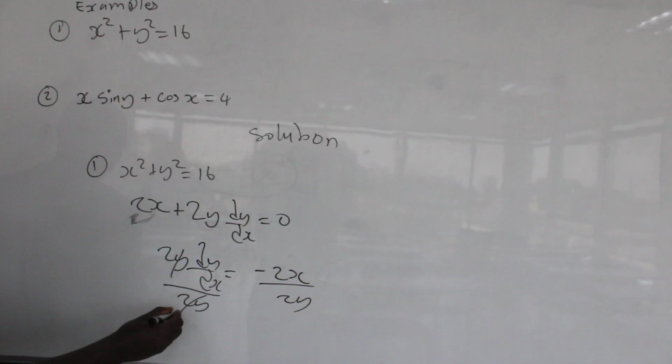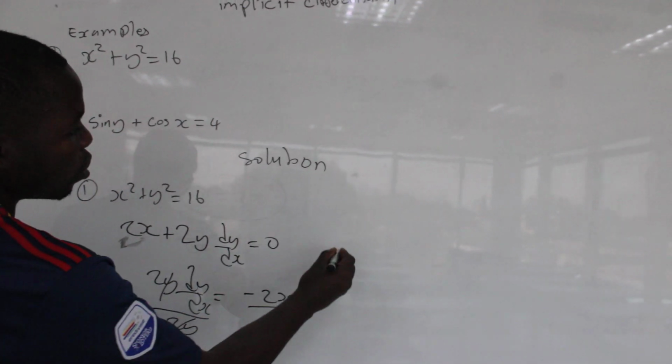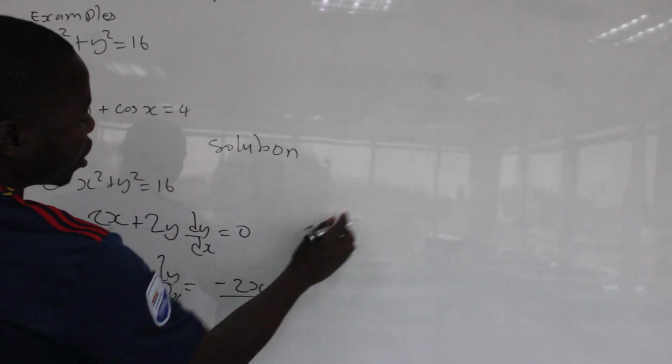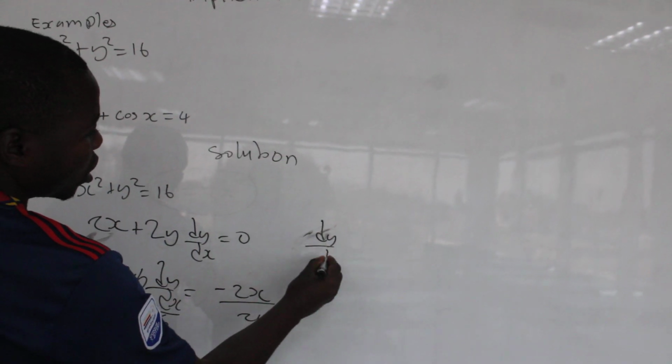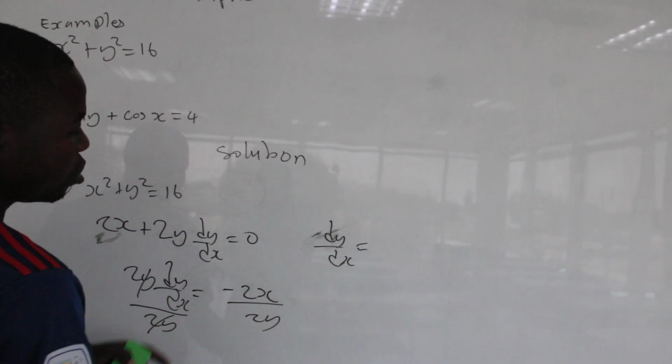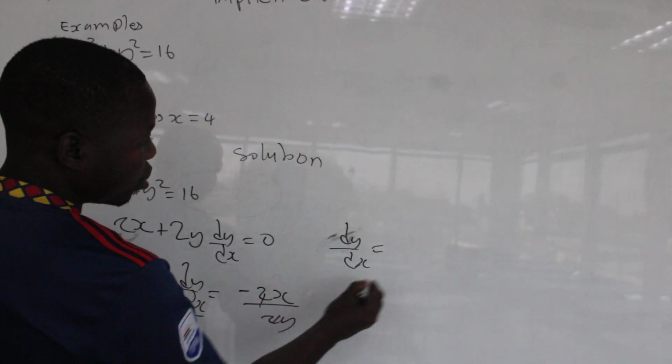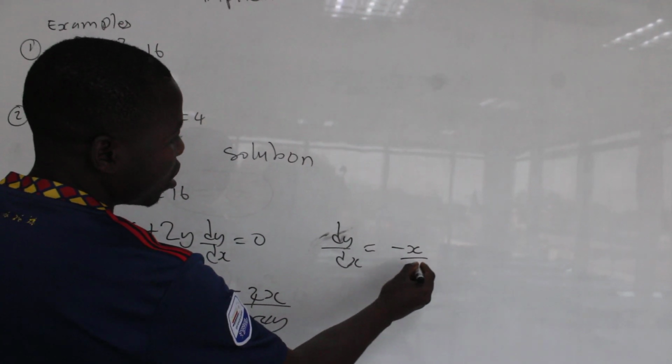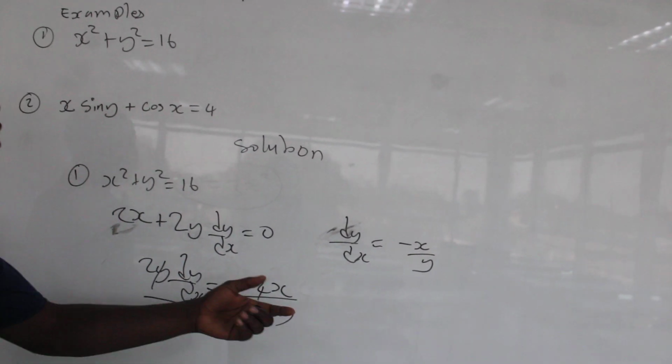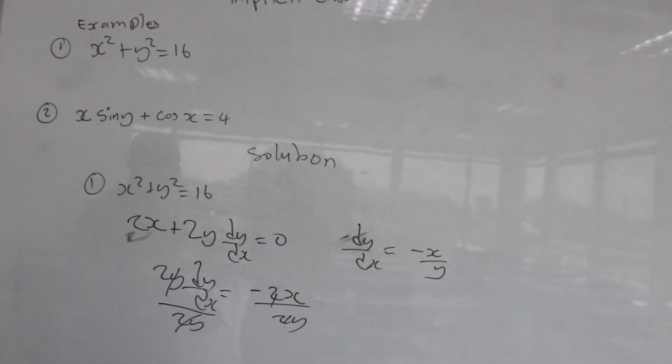Then the 2s cancel. The final solution is going to give you dy/dx is equal to negative x over y. So this is dy/dx of this function.